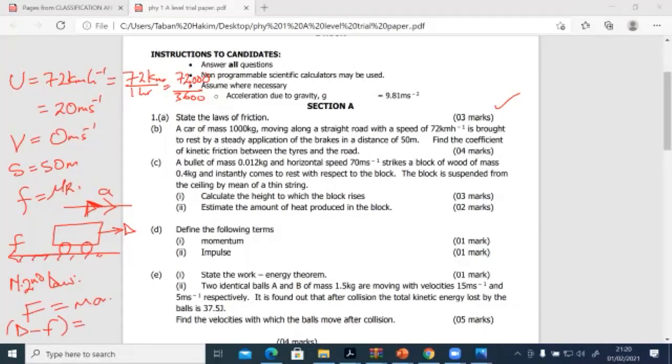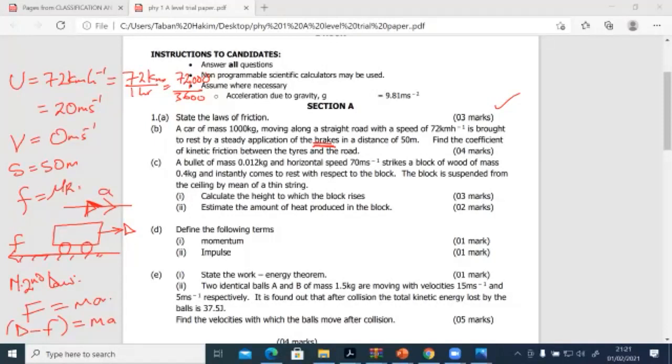This will give us ma. We are using this equation simply because we are able to get the acceleration from the given information. And if the brakes are applied, it means that the engine is no longer exerting a force. So the driving force is 0.